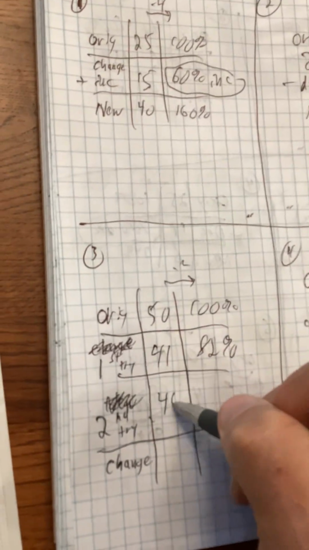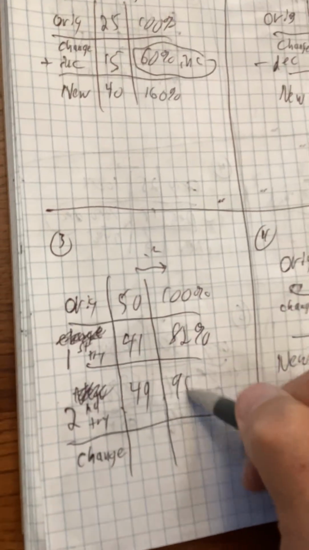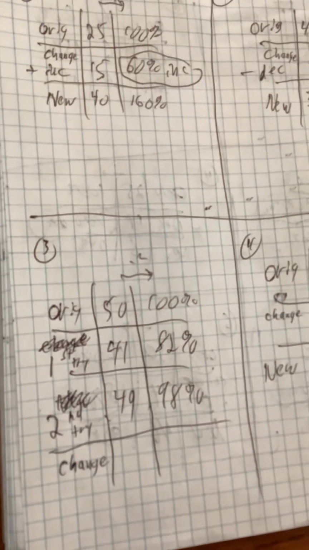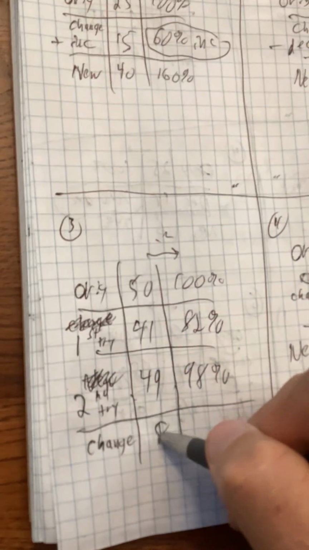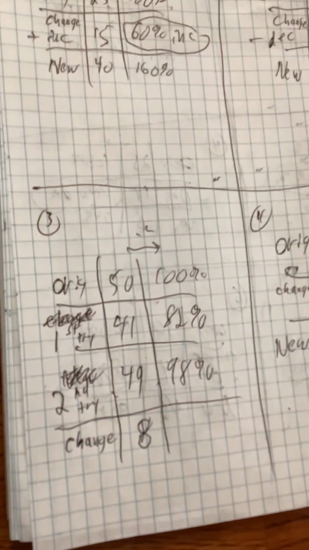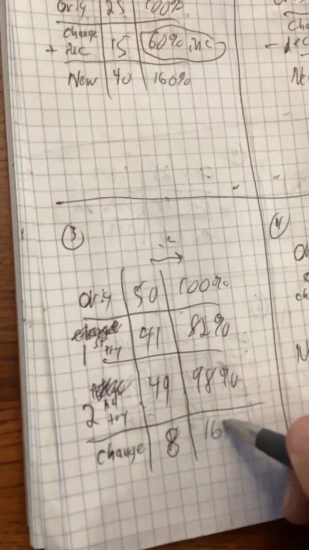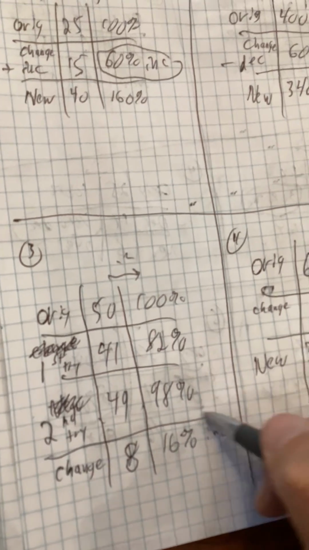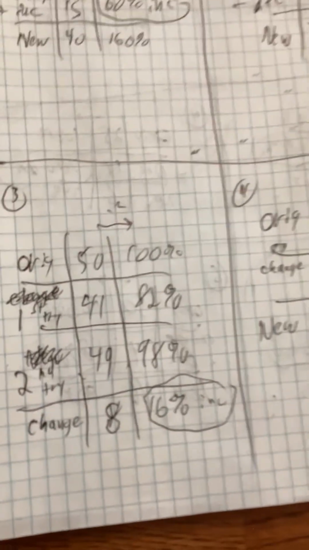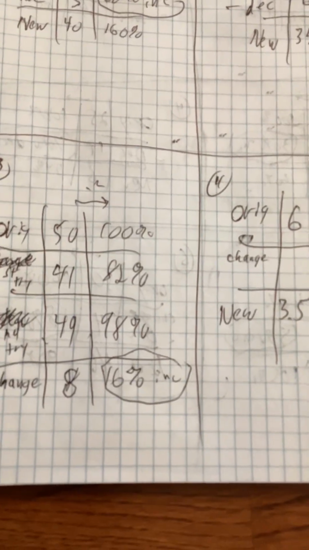If she got 49 out of 50, that would be a 98%. So the difference is 8, and times 2, that's just a 16%. Since it went up, that's an increase. Kind of friendly there, isn't it?